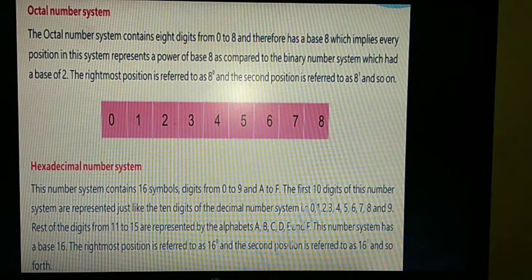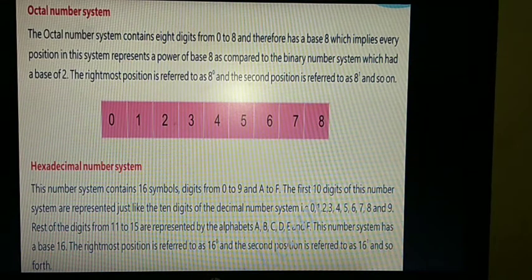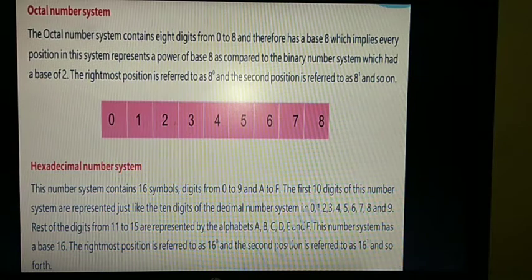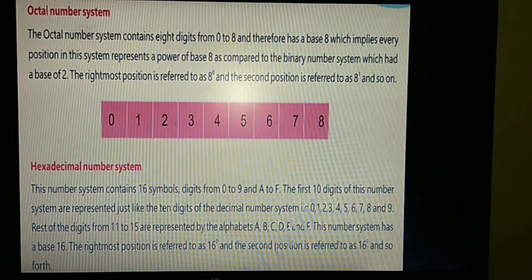This number system has the base 16, remember. In the same way, the rightmost position is referred to as 16 to the power of 0, and the second position is 16 to the power of 1, and so on. Is that clear? The only difference here is that it consists of symbols. Why symbols?